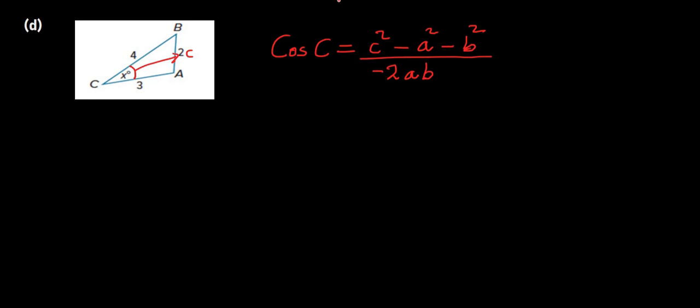Since we are looking for angle C, the uppercase, just write the formula, and this will be equal to the lowercase c squared minus a squared minus b squared over negative 2ab, or negative 2 times a times b.